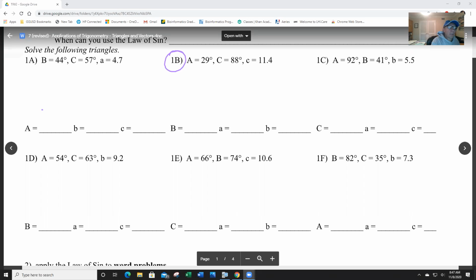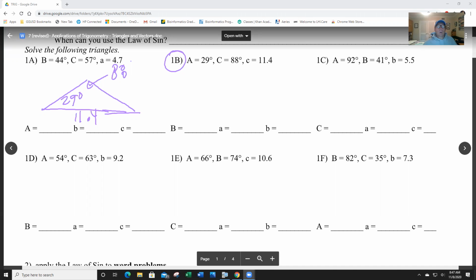This is 29 degrees, a pretty thin angle. And we have almost a right angle here. I probably drew that a little too big, but that's 88 degrees. And then C is 11.4. So this is 11.4.